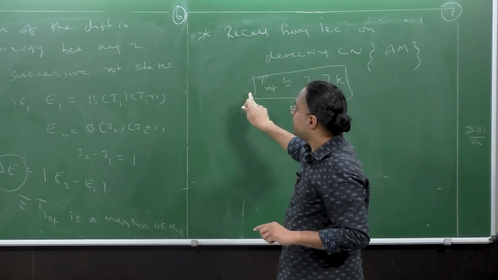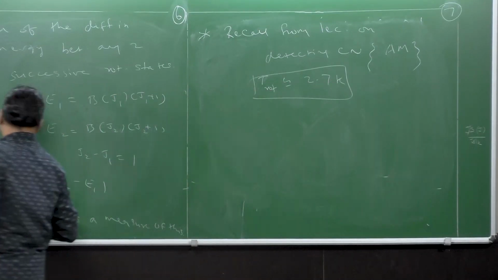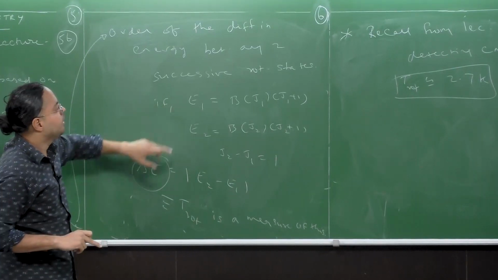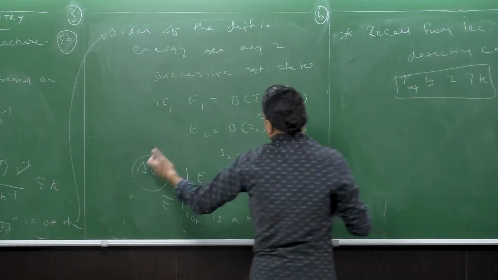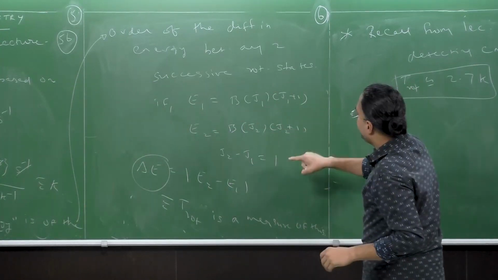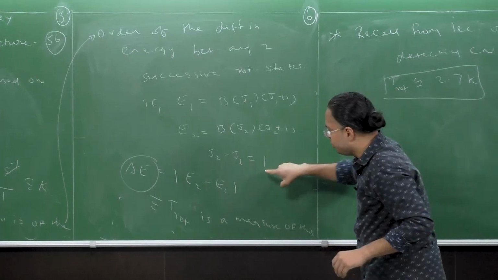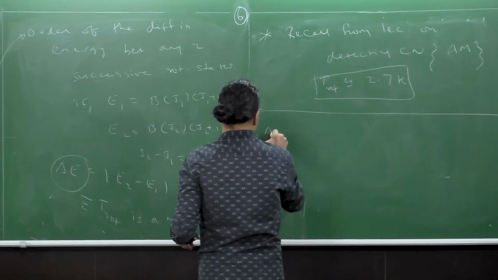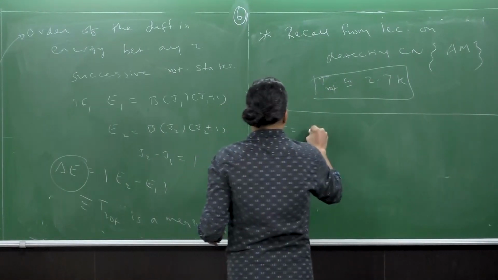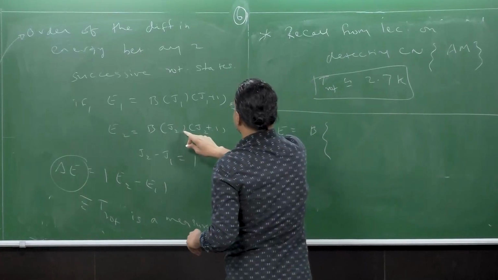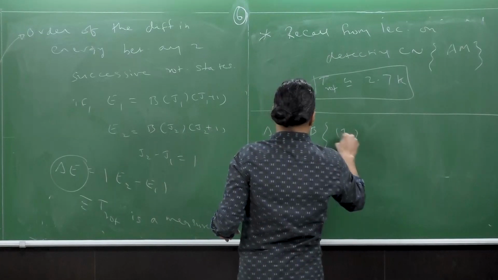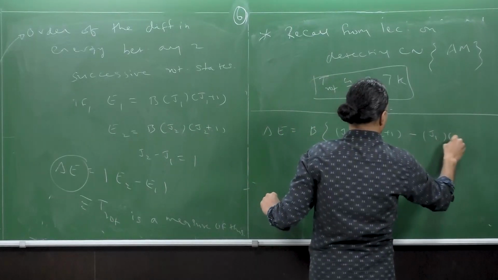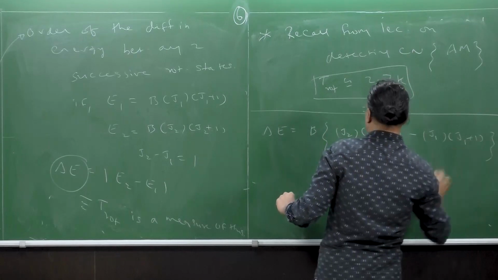Now you get back to the idea that my delta E can always be expressed in terms of B, the rotational constant. Now let's just write this expression. Let's say that my J2 minus J1 is 1. In that case, my delta E is going to be B times J2 into J2 plus 1 minus J1 into J1 plus 1.